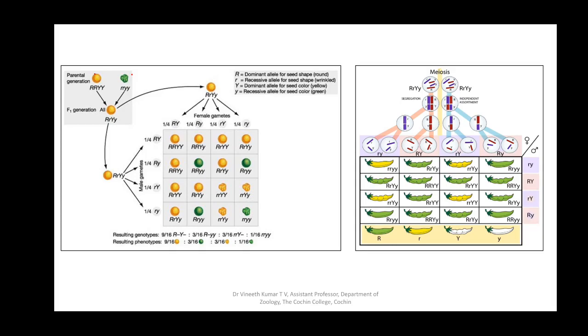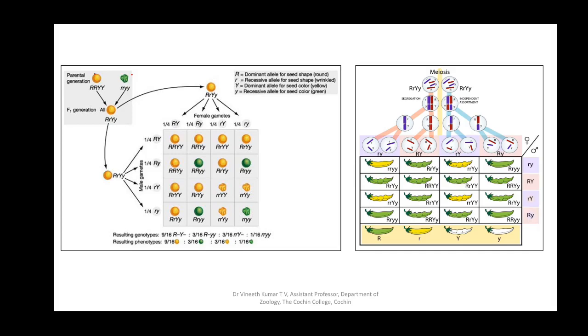What Mendel did was he selected a single plant having yellow and round seed, and another plant having green and wrinkled seed. He confirmed they were pure breeding, and after confirming this, he started the experiment by crossing these two pure breeding plants.